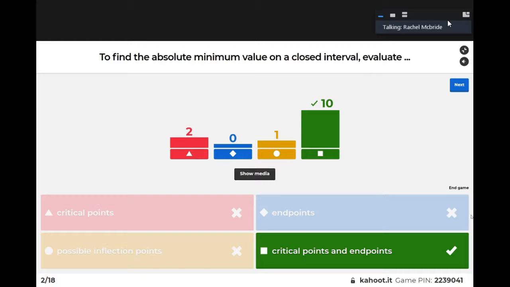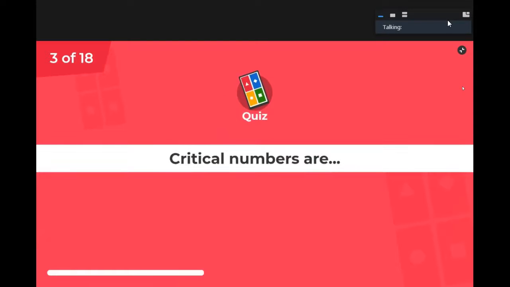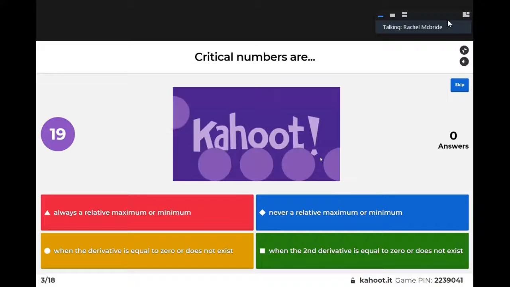You have to evaluate both critical points and endpoints. Critical numbers are what?